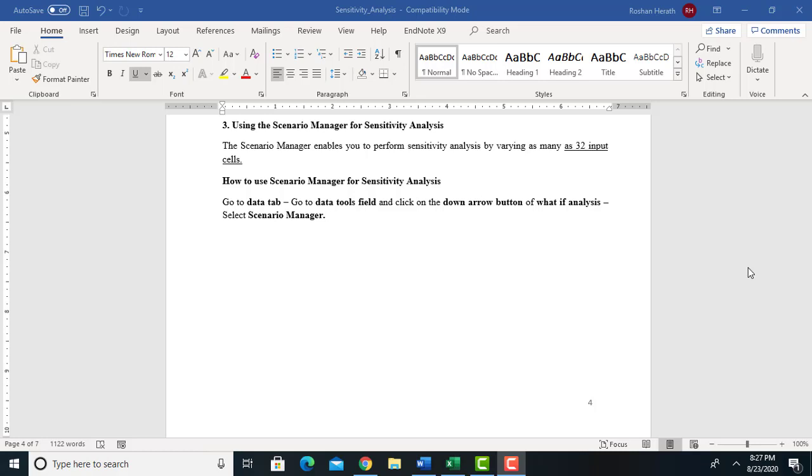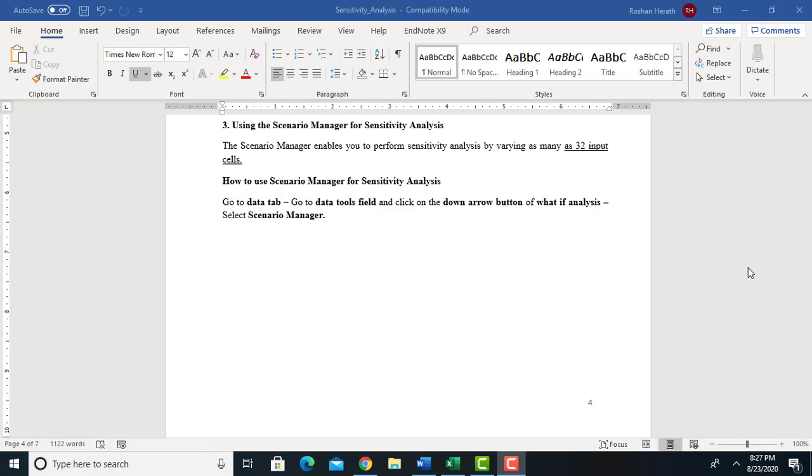But here, what we are going to explore is that with the scenario manager tool, you can simultaneously change 32 inputs and see the impact it has on your output.